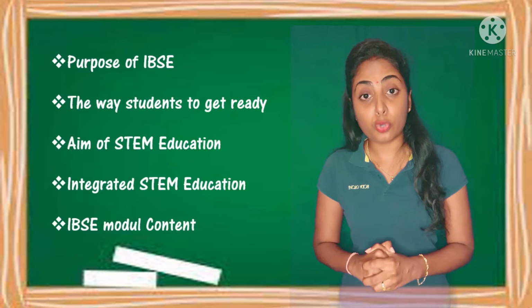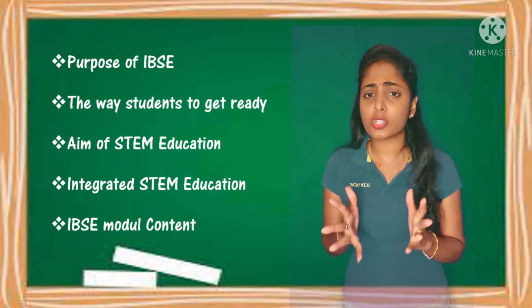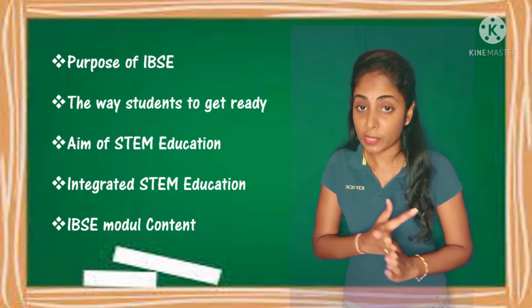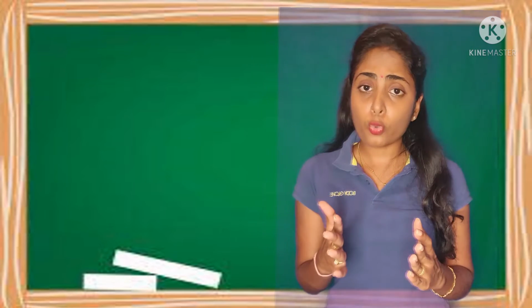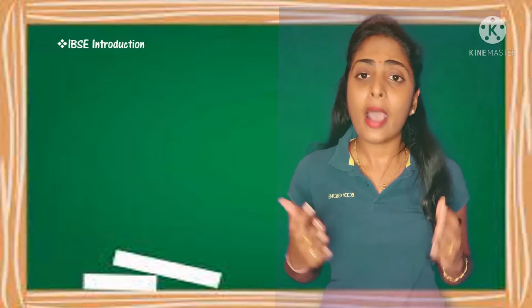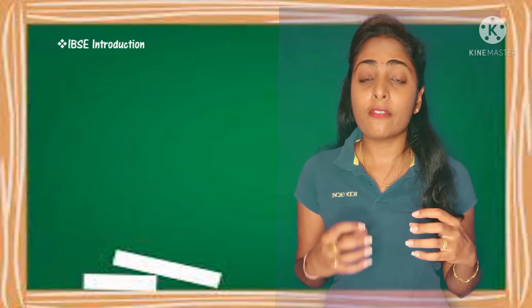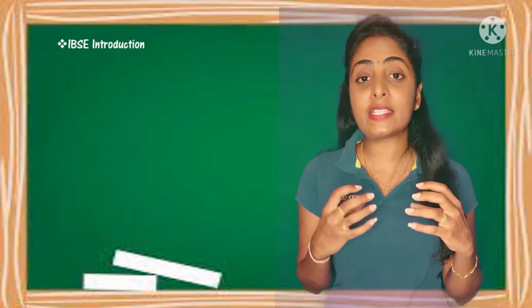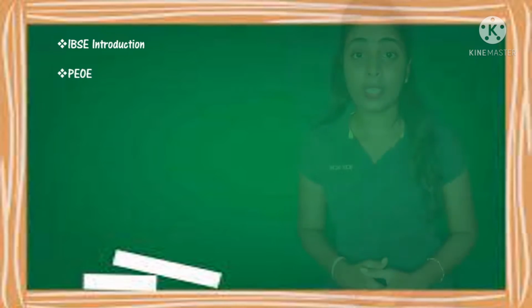I also learned about the IBSE module content, which consists of introduction, science practices and pedagogy, assessment, curriculum. Slot 1 started with the introduction to IBSE lesson. An IBSE lesson is actually a continuous process where students progressively develop their key science ideas throughout their learning.